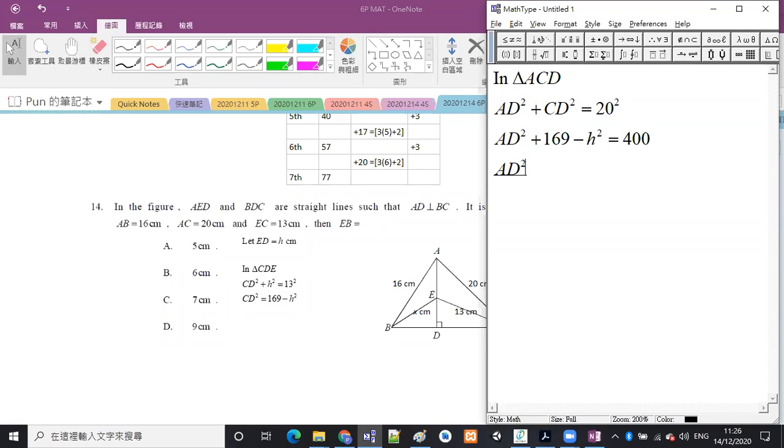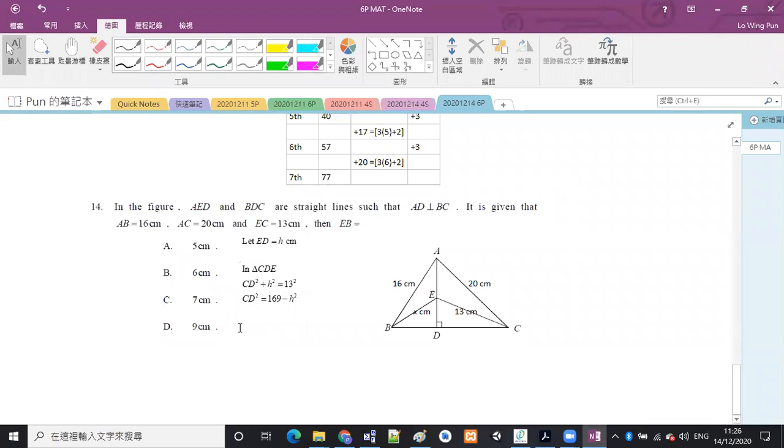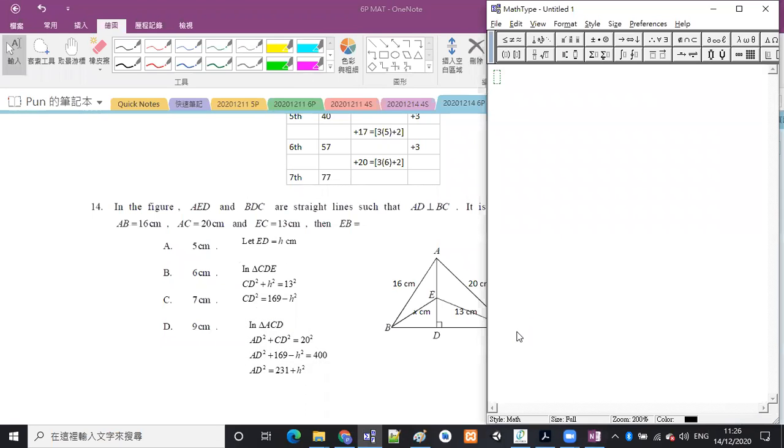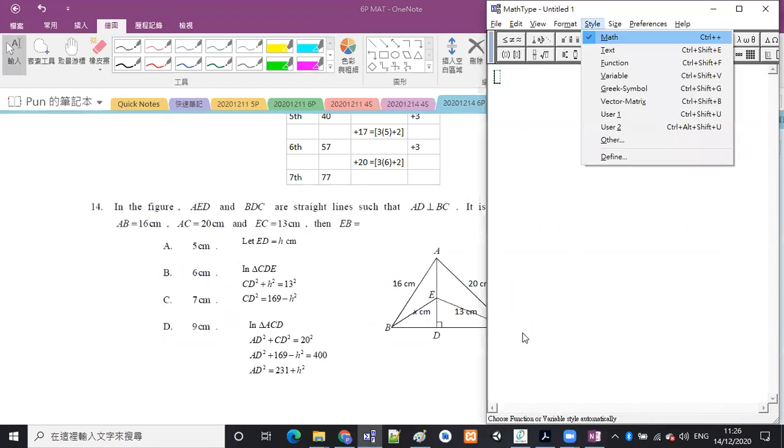So AD square is equal to 231 plus H square. Okay, can you get this? And then we will consider triangle ABD.